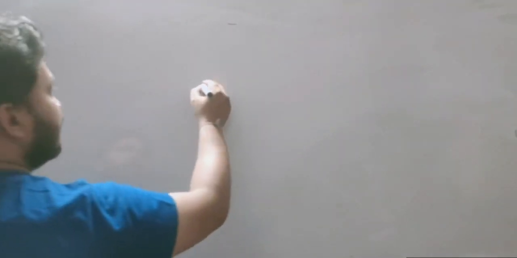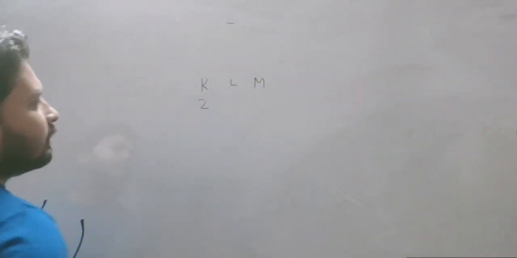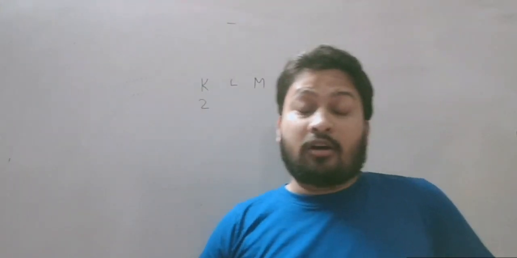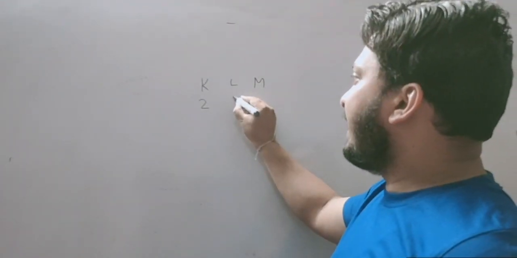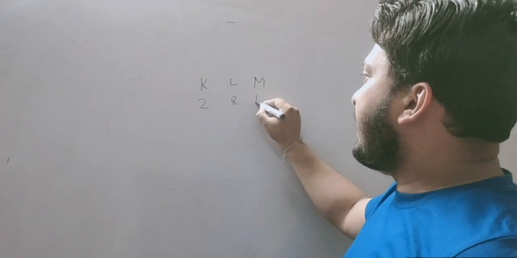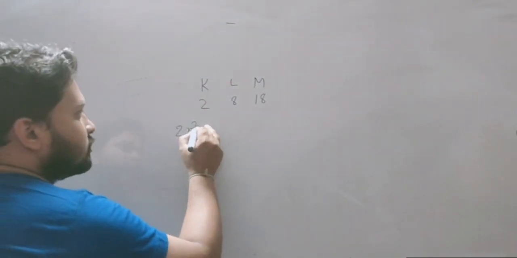Suppose K, L, M. We can fill the K orbit with 2 electrons, L with 8 electrons, and M with 18 electrons. And it follows 2n square.